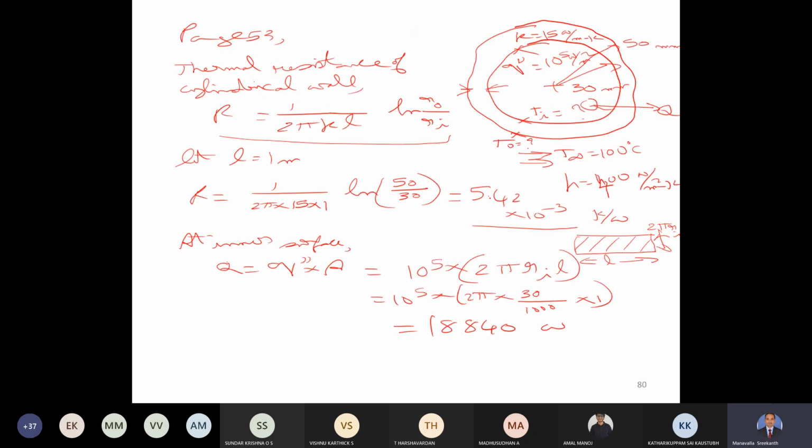So heat conducted across the wall is equal to del T divided by R. Now, del T is T inner minus T outer, divided by R, 5.42 into 10 power minus 3.